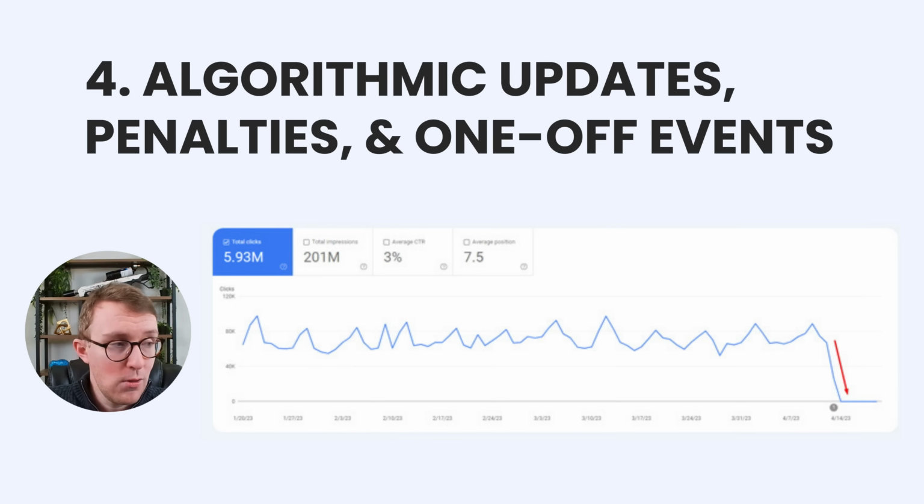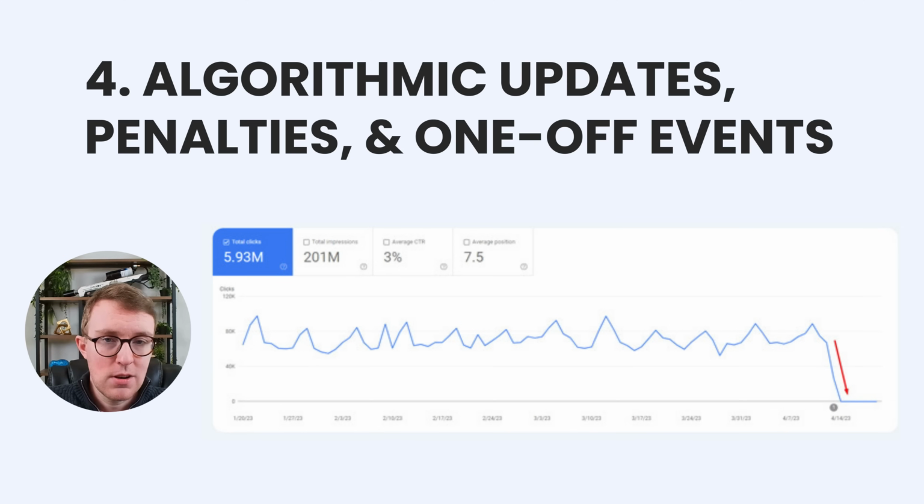A normal algorithm update that adversely affects you is going to make your traffic quickly drop somewhere between like 20 and maybe 40%. Or conversely, you might win and see a 20 to 40% increase. But you could see a more devastating blow.